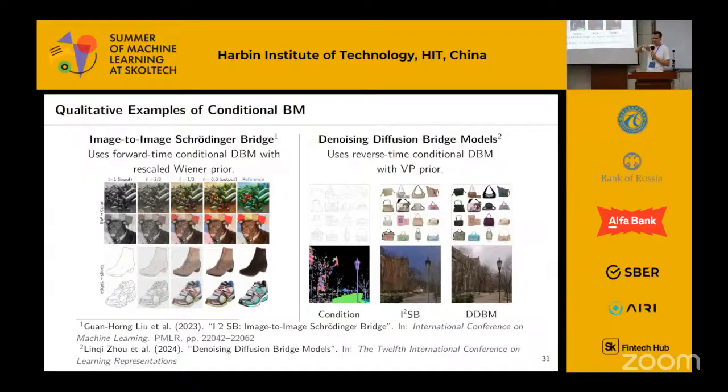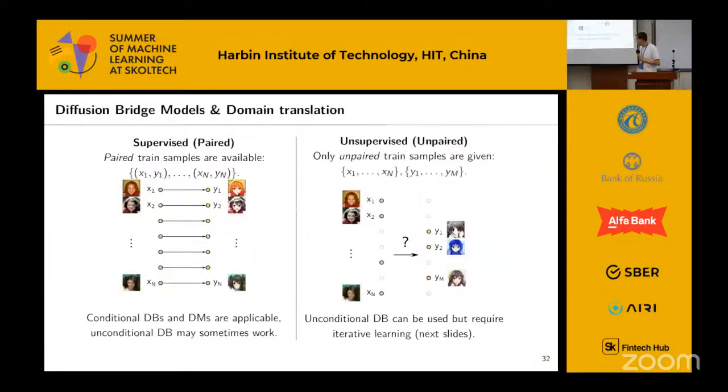They apply it to different problems like colorization and so on, and to some extent, it actually works.